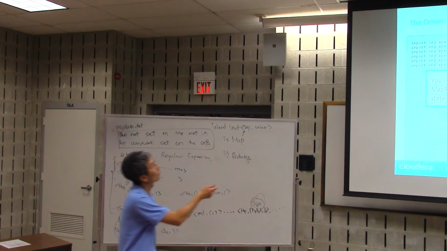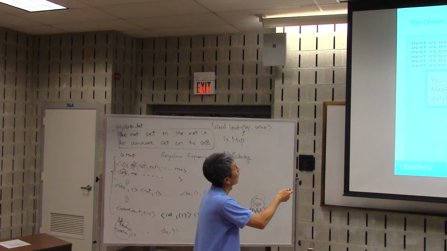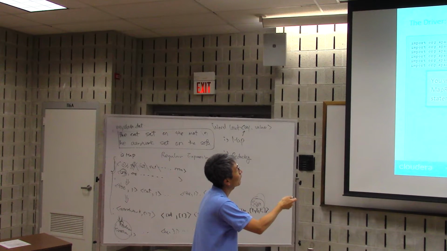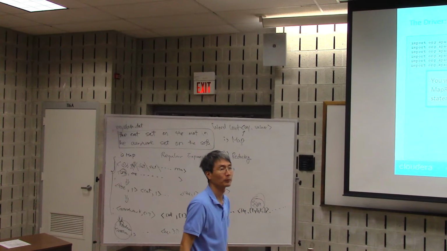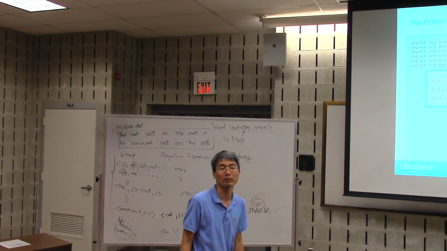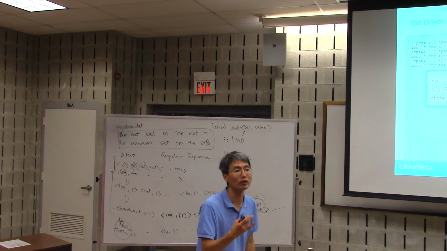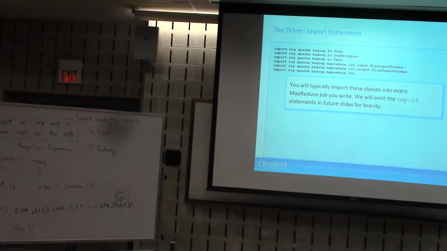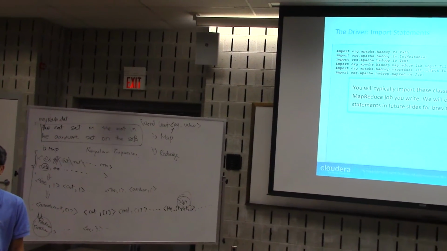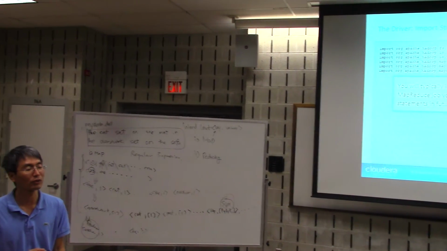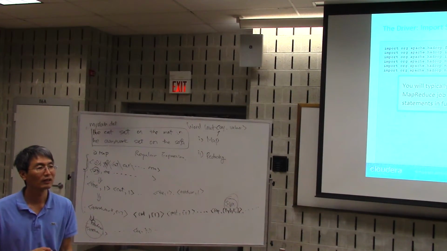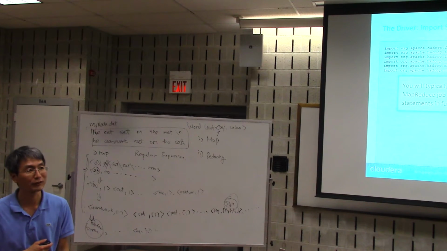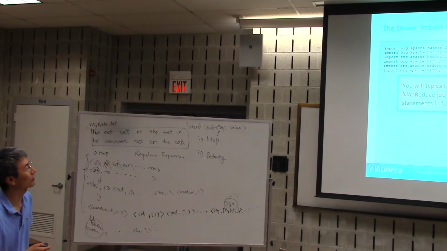As you can see, the Path, IntWritable, Text, FileInputFormat, FileOutputFormat, and Job. Most of the time it's the same. If you add more configuration, you need to include more imports. If you do not know what package you need to include, you need to check the documentation details.